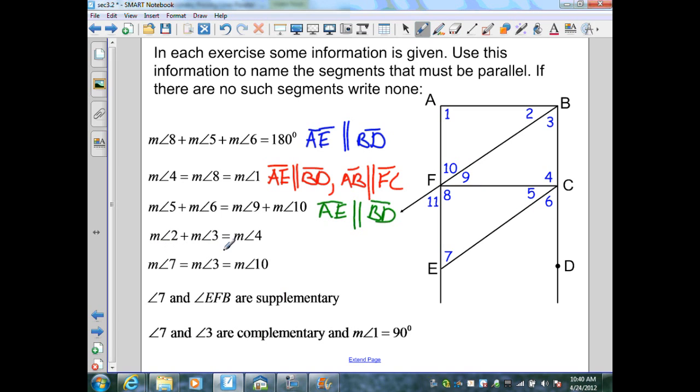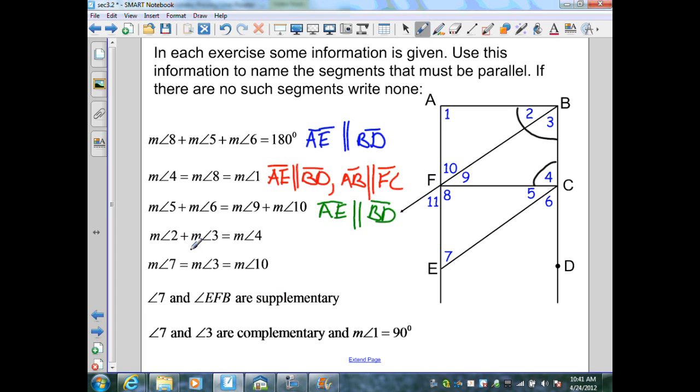The measure of angle 2 and 3 added together equals the measure of angle 4. These two sets of angles do have a transversal, but they are same-side interior angles. Same-side interior angles to create parallel lines must be supplementary. They are not telling me that they are supplementary.